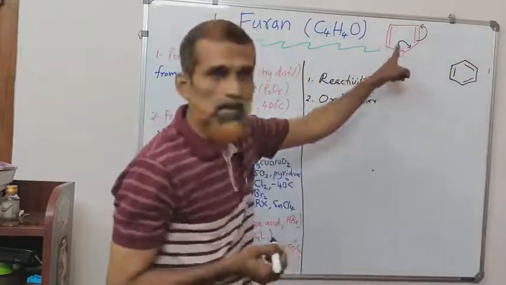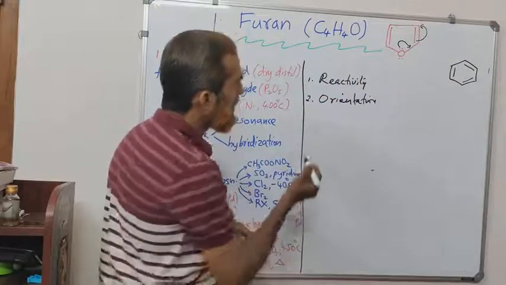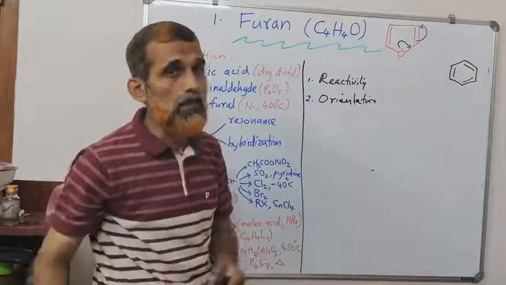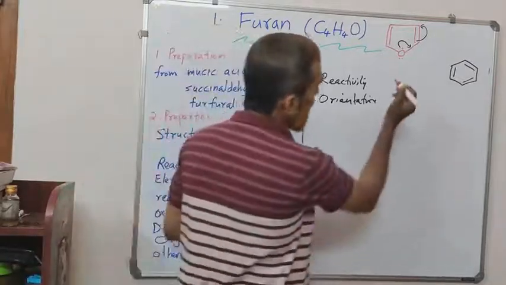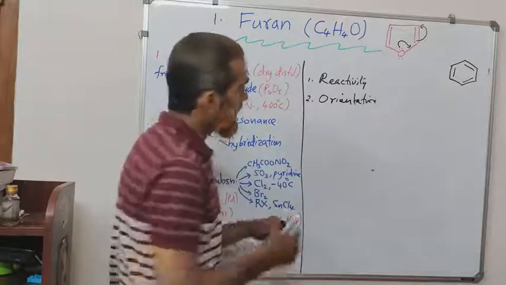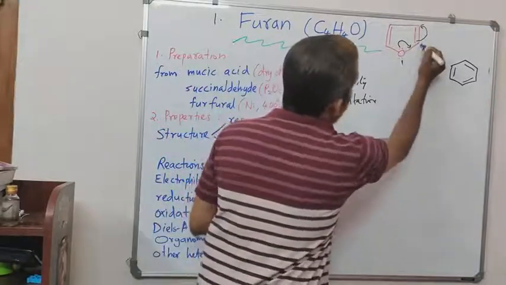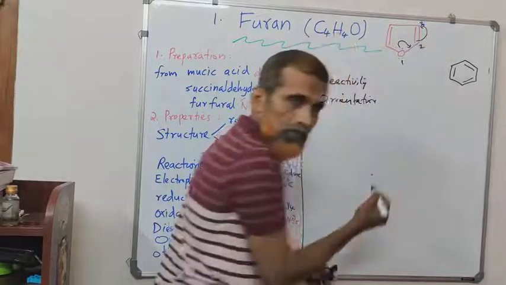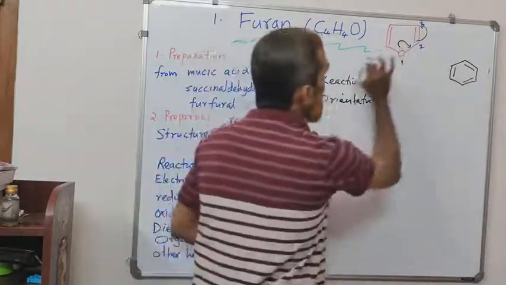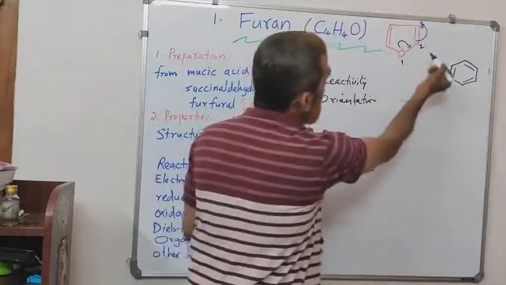But here in furan, you have to think about where the electrophile preferably attack. I had told you that numbering is, see, this oxygen is number 1, position 2, position 3. And this is 4 and 5. But when you consider the attack or the orientation, this is position 2.